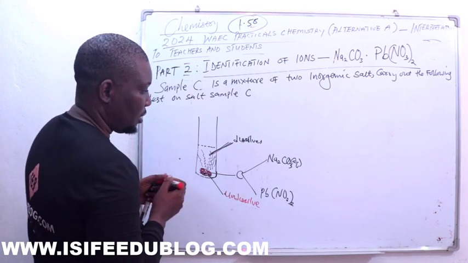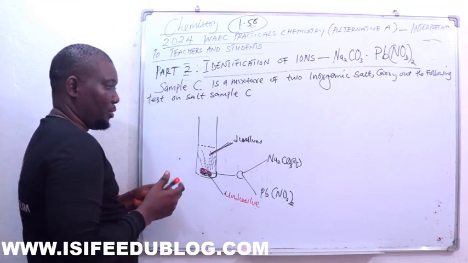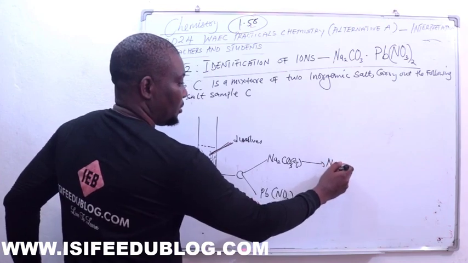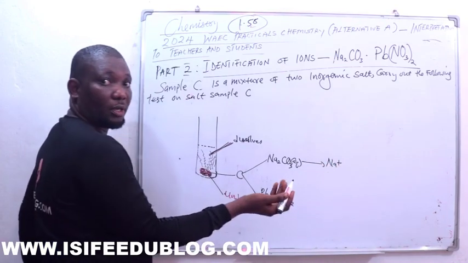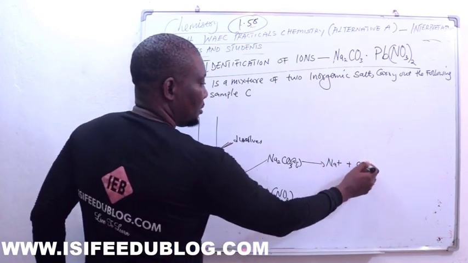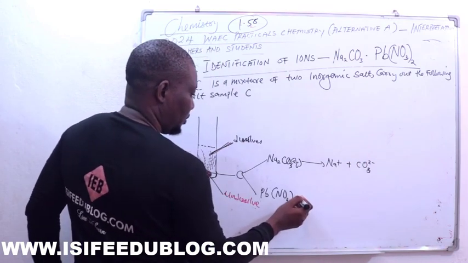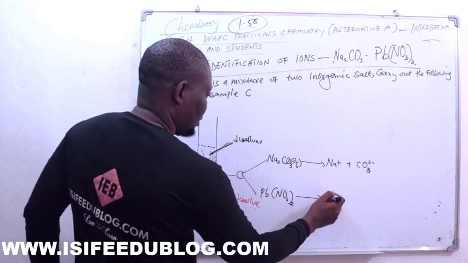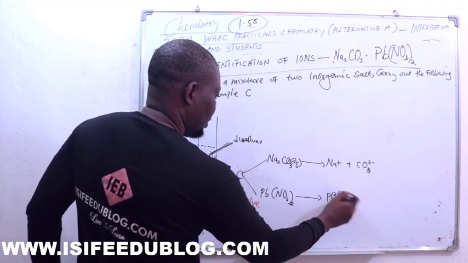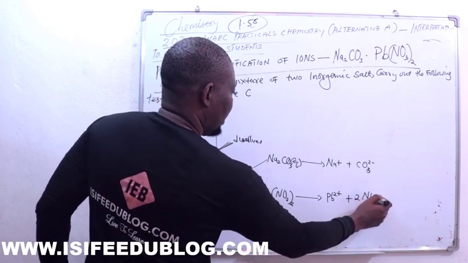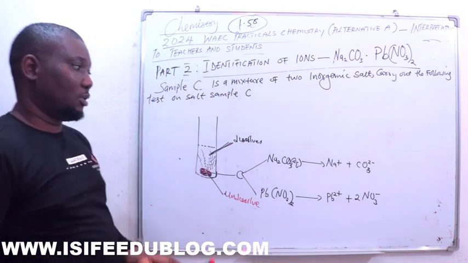At the point of having this aqueous, the sodium carbonate ionizes into sodium ions plus carbonate ions, and this also gives us lead 2 ion plus 2 NO3 minus.